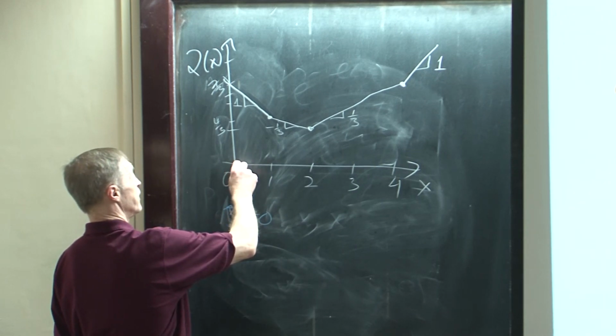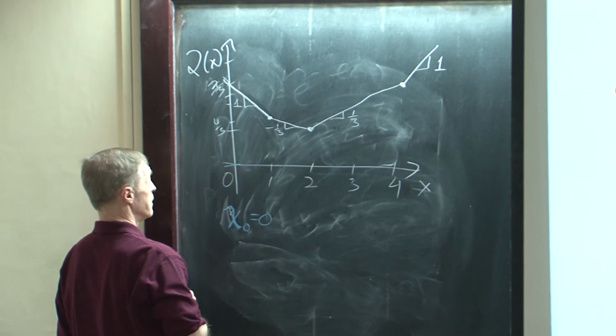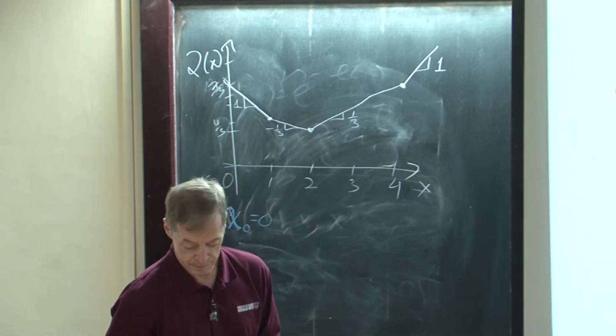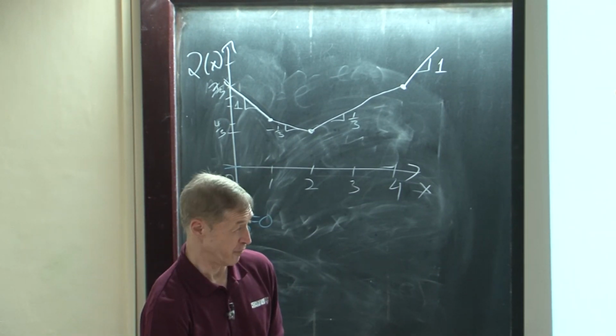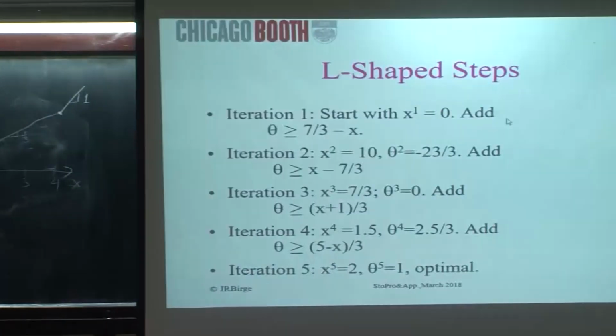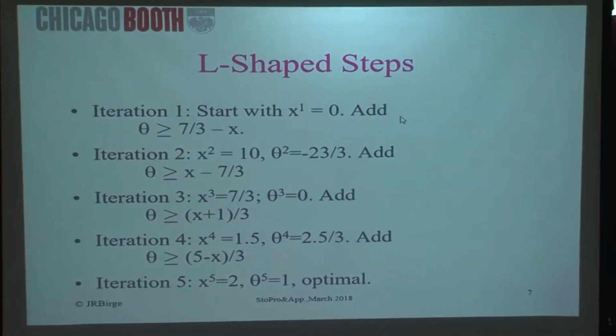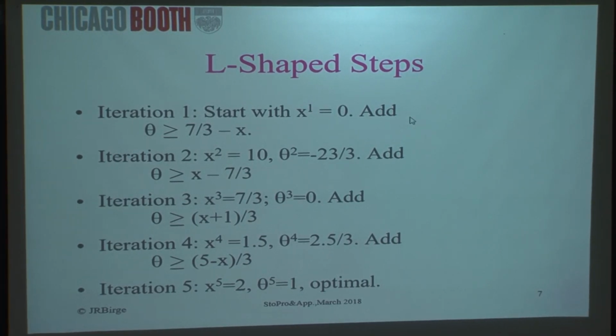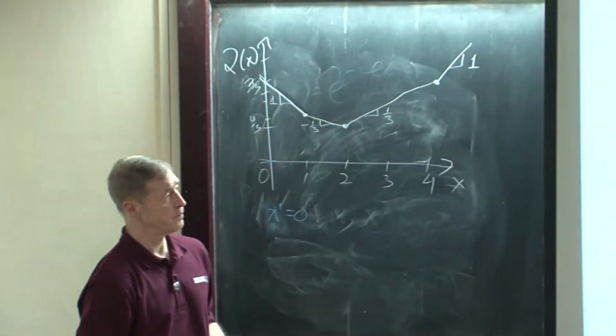So I start off here at 0, and we'll begin the algorithm from there. I called it x1. Okay, so x1 is 0.